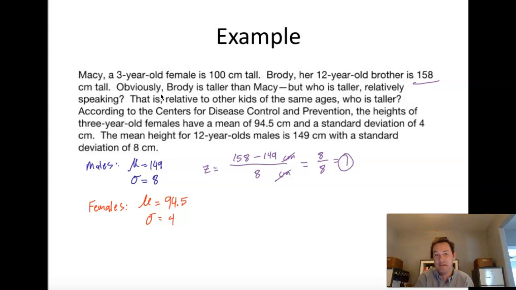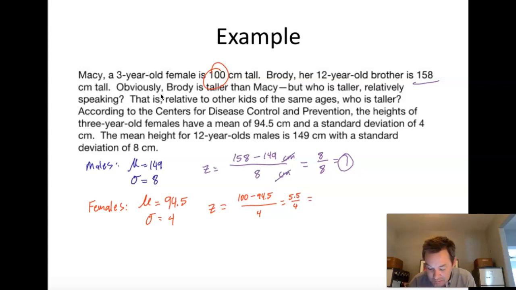So now let's look at Macy. So she's a 3-year-old, so we want to compare her to other 3-year-olds. So her Z-score is going to be her particular height, which was 100 centimeters. So 100 minus the mean height for her age group, 94.5, divided by her standard deviation. So simplifying this one, 100 minus 94.5 is 5.5 divided by 4.